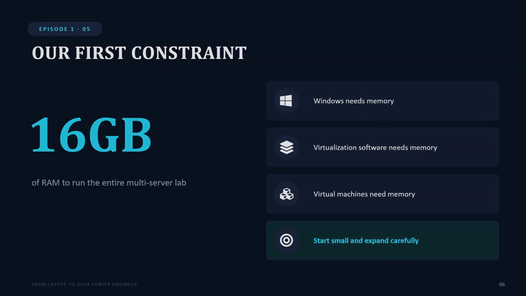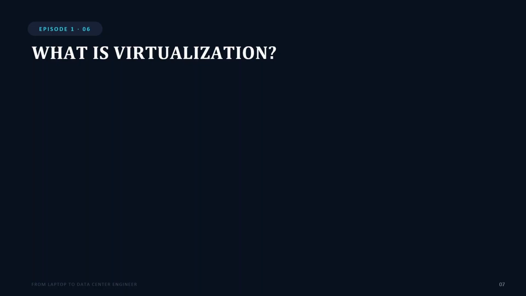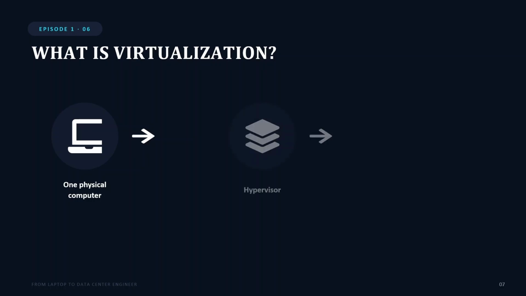Before we build anything, there's one concept we need to understand: virtualization. Imagine we have one physical computer. Normally, we might install one operating system directly onto that computer. But virtualization allows us to divide the computer's resources and create multiple virtual computers inside it.